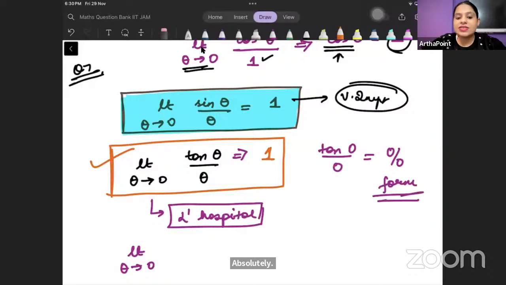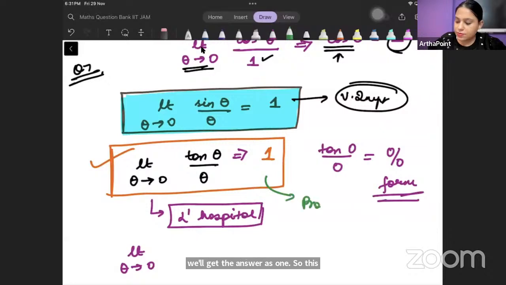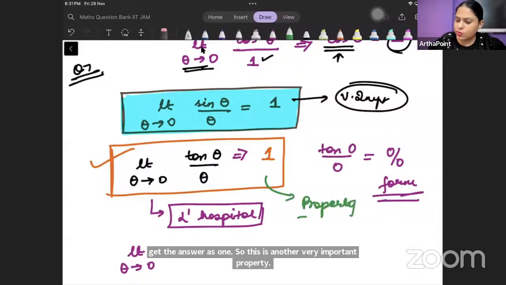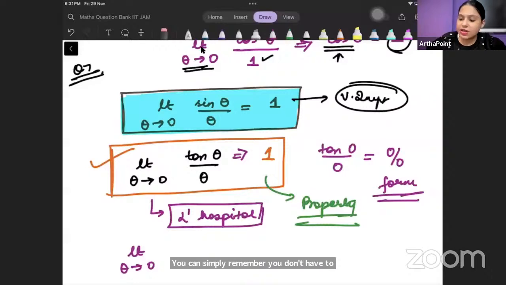Remember the basic formulas and the basic values of all of these. So this is another very important property. You can simply remember. You don't have to even apply L'Hopital every time. Just remember this.